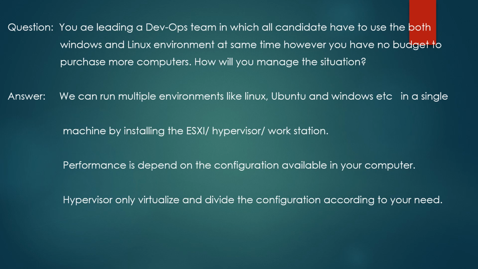But the performance depends on the configuration available in your computer, and the hypervisor only virtualizes and divides the configurations according to your need. So by installing the ESXi hypervisor and workstations, we can virtualize and install multiple environments in a single machine.